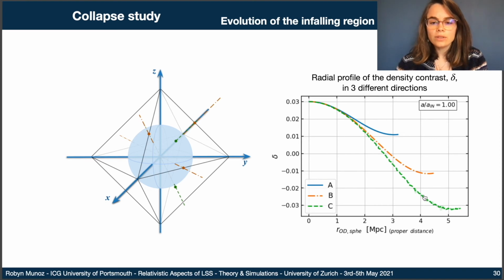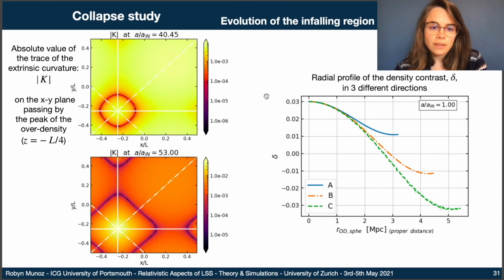And then the last one, direction C, goes through the middle of the faces, and this is a direction that will have the underdensity as well. And so you can see that close to the peak of the overdensity you do have strong spherical symmetry because the directions don't seem to matter that much, but as you go further out you do see that it does make a difference.